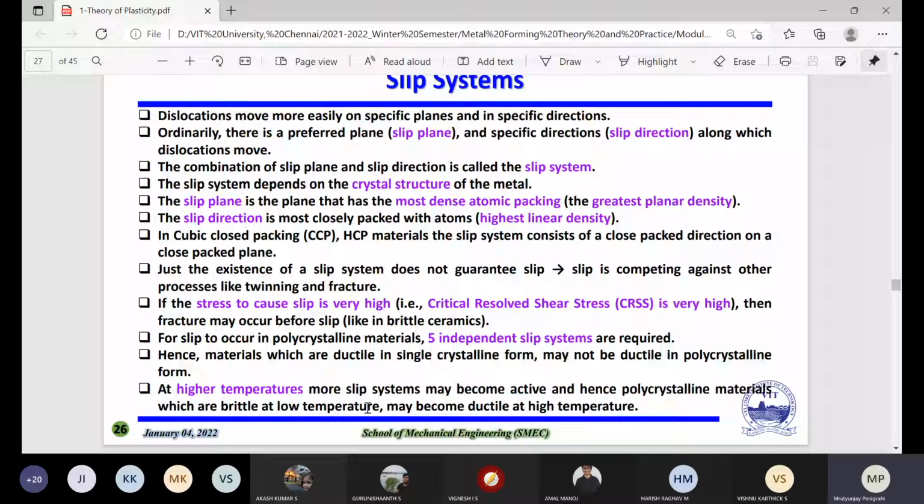That's why I mentioned that at high temperature more slip systems become active. It's like a chemical reaction: at room temperature it is slow, but the moment you increase the temperature, your reaction rate becomes faster. Similarly here, at a high temperature all the slip systems will be much more active. So we have to consider the single crystal, and the polycrystal also, right? Fine.